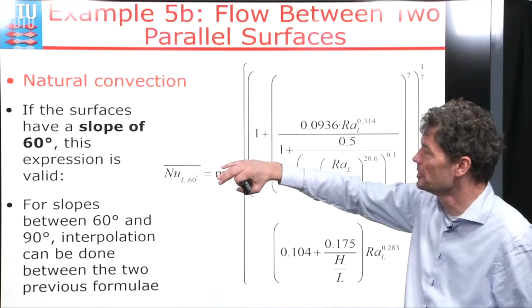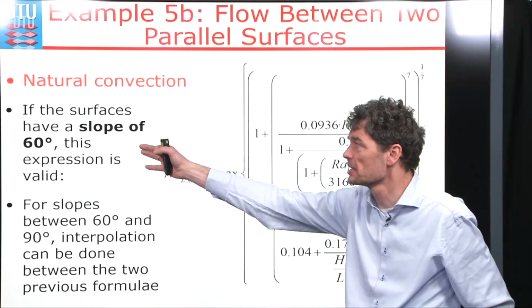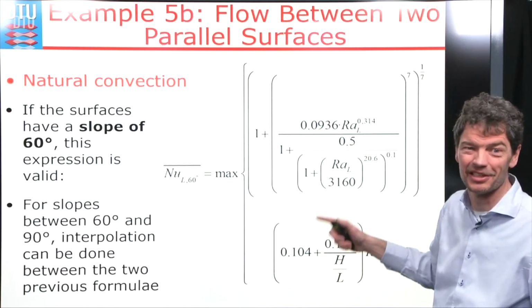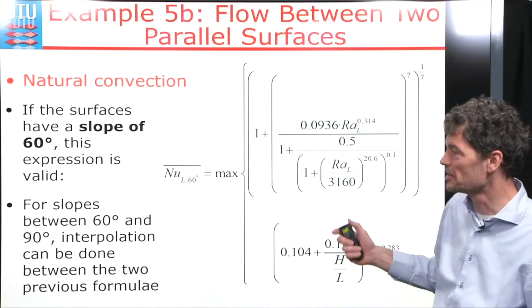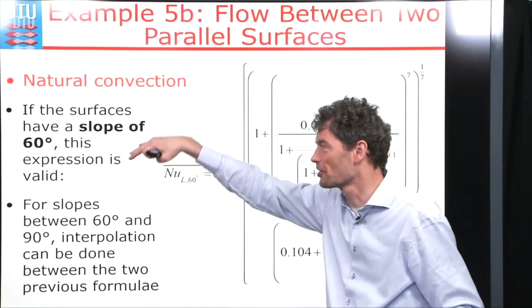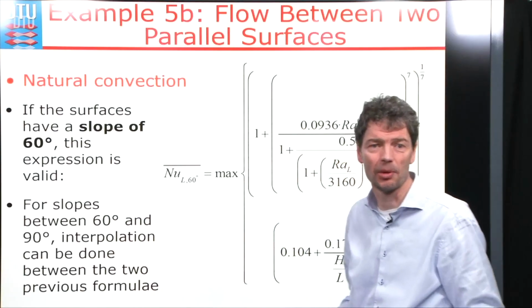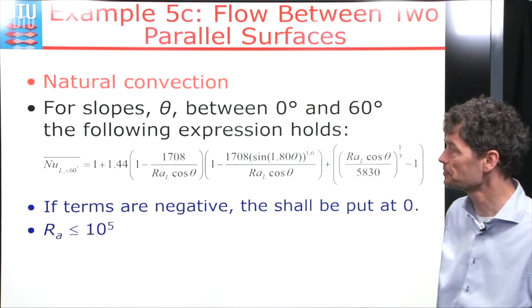So we can turn the cavity a little bit, so now it has a slope. Now if the slope is 60 degrees, well, then we have another look of the formula here, and you have to calculate, in this case, what it is then. If you don't have a completely vertical or completely 60 degrees value for the slope, then you can interpolate between what you find from this slide and from the previous slide.